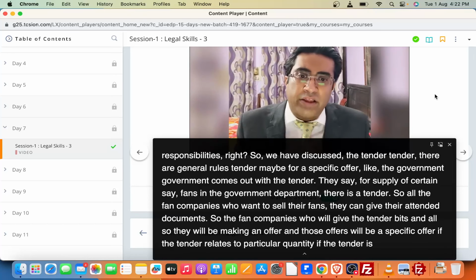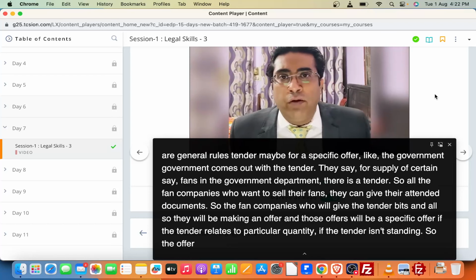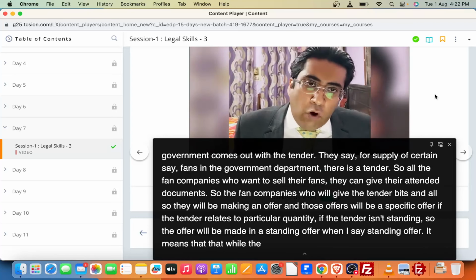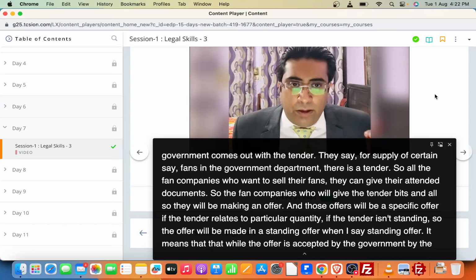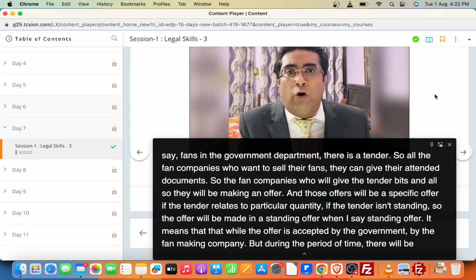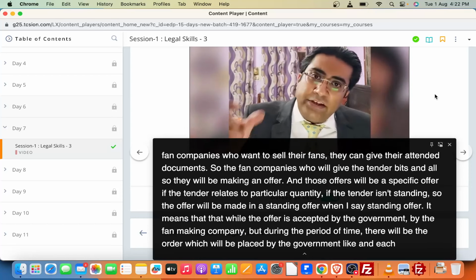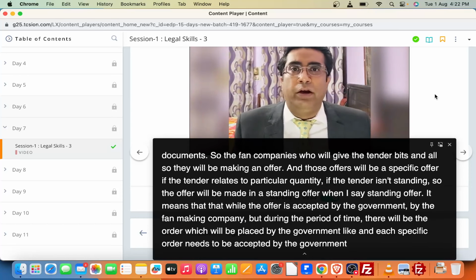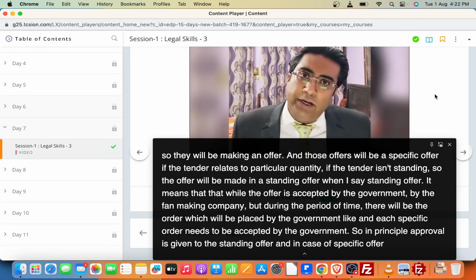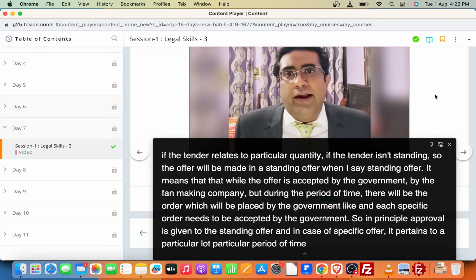If the tender is a standing tender, the offer will be made as a standing offer. When I say standing offer, it means that while the offer is accepted by the government, during the period of time there will be orders placed by the government, and each specific order needs to be accepted by the government. So in principle, approval is given to the standing offer, and in the case of a specific offer, it pertains to a particular lot, a particular period of time, and then it is accepted.